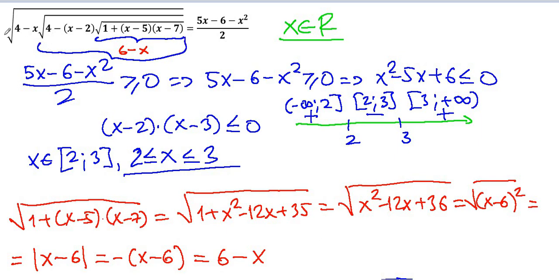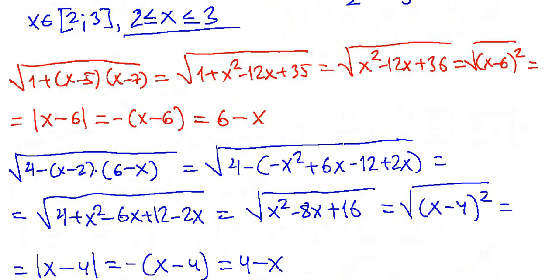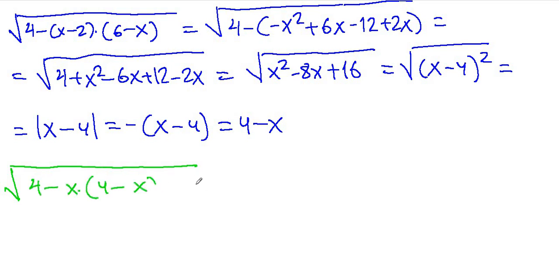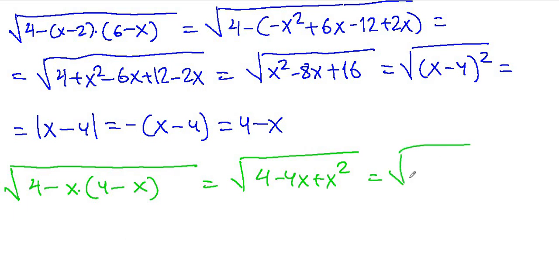So therefore the last one is square root of 4 minus x times 4 minus x. So therefore let me write here our whole radical, square root of (4 minus x) times (4 minus x). Now this one is equivalent to 4 minus 4x plus x squared, or this one is equivalent to x squared minus 4x plus 4, and this is also a perfect square.